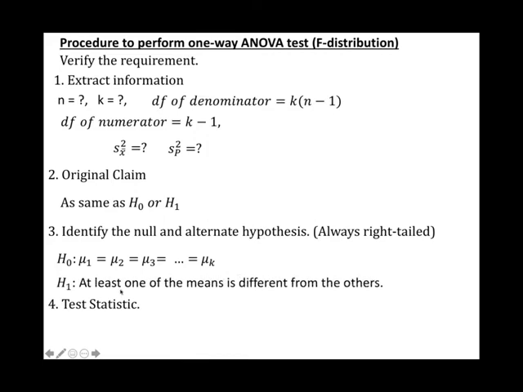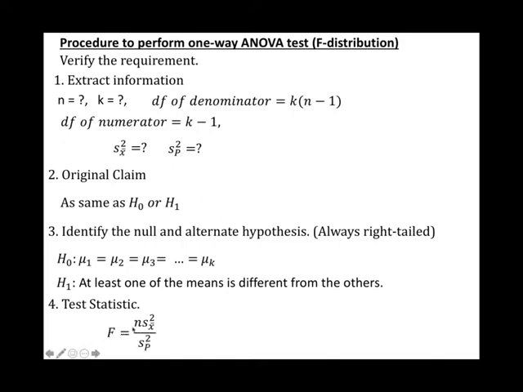For the alternate hypothesis, don't put not equal to. Some students put mean 1 not equal to mean 2, not equal to mean 3. This is wrong. Write it down: at least one of the means is different from the others. So we want to prove whether they are equal to each other or at least one of the means is going to be different.